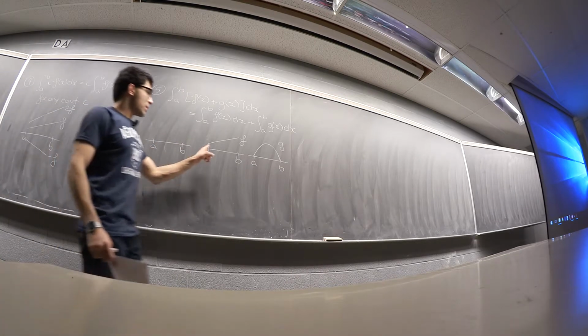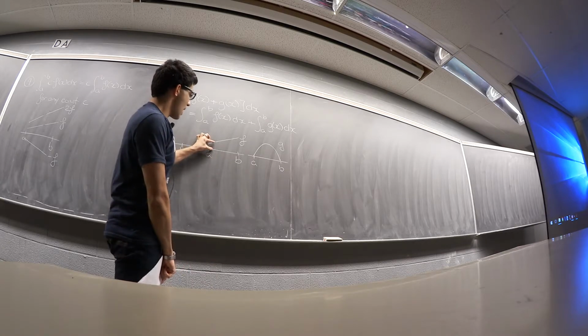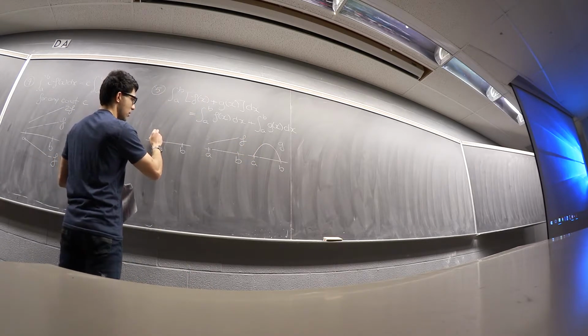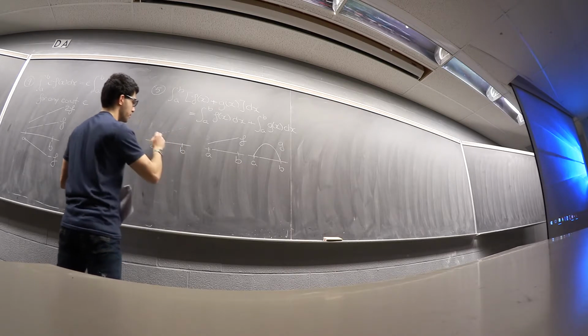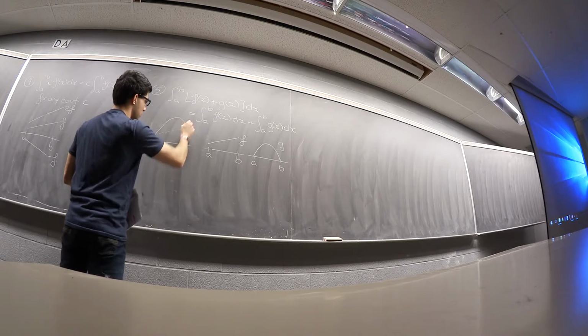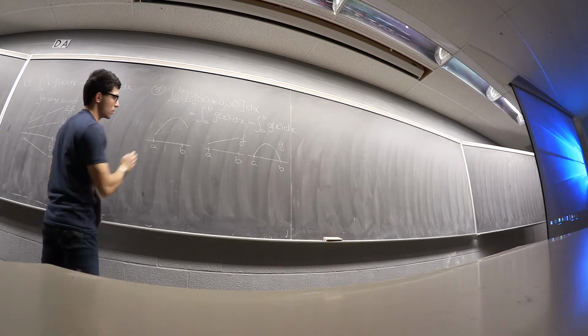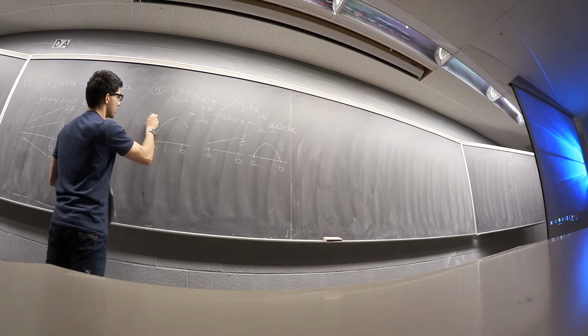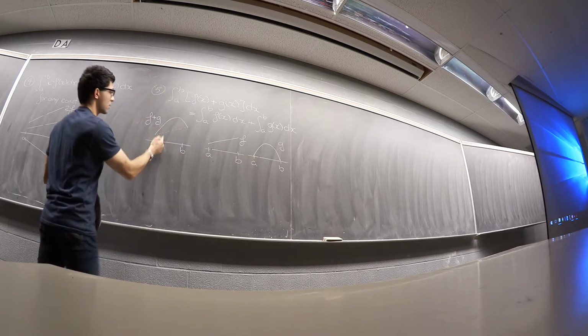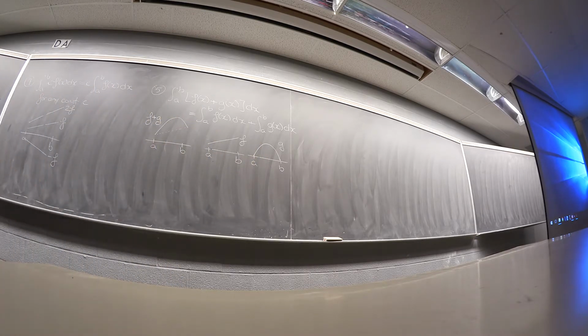Adding these things means that at every x value you add the heights. So what do you wind up with? That's what that'll look like. So that's f plus g. At every x value, add this height to this height, and you get the height of f plus g. Just add the values.